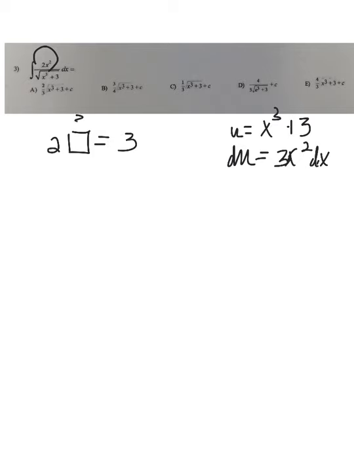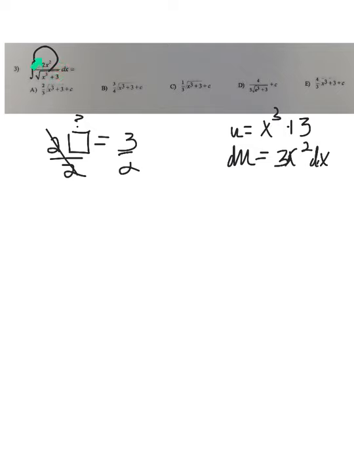So this number here would be, if I divide both sides by that 2, you can see what goes in that box. That would be 3/2 or 1.5. I'm sticking with 3/2 though. So what I need up here is to multiply this by 3/2 because that will make this a 3.